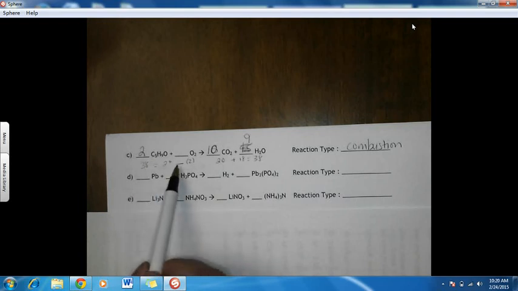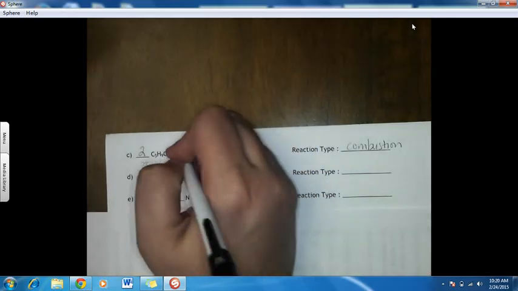So if I subtract this over, that means I need 36. So what number times 2 will give us 36? Right, that would be 13. And so we balance with a 2, 13, 10, and 9. This is why we would probably want to use pencil for these.